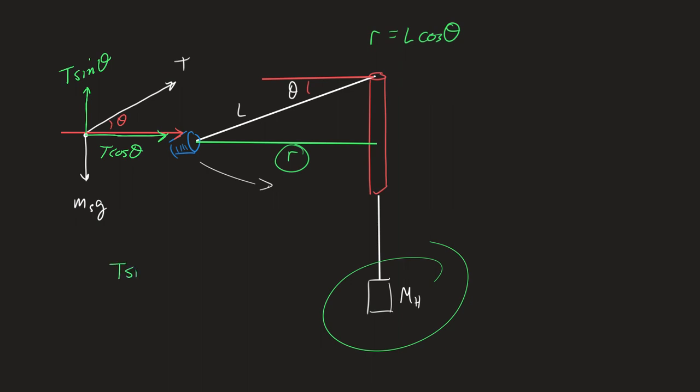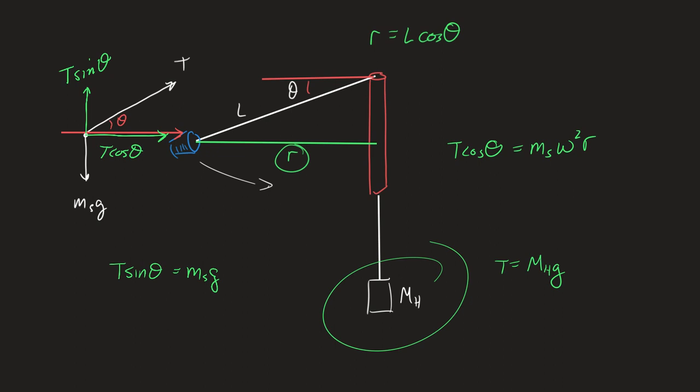T sine theta has to equal the weight of the stopper. Tension also has to equal the weight that's hung. And T cosine theta has to equal the mass of the stopper, omega squared, times R. Those are all the same pieces as before.